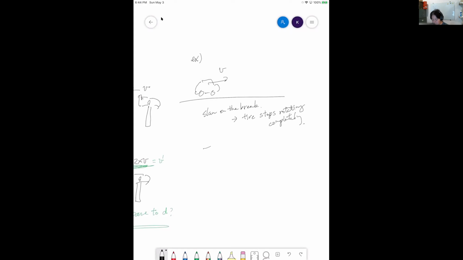So the only force applied to stop the car is from friction. There's going to be a friction force from the ground, between the ground and the tire. That applies, and that's the reason why this car eventually stops, right?